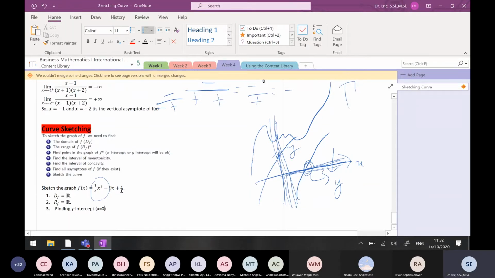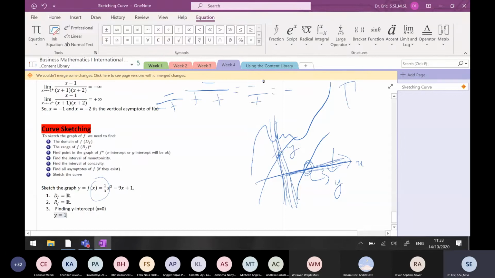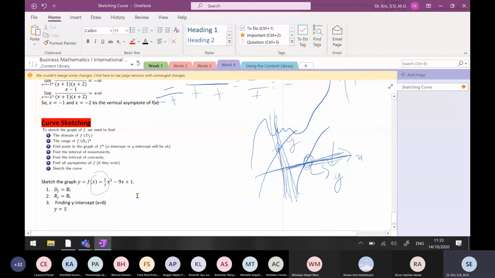What is the height? 1. Very good. The y-intercept is given by y equals 1.